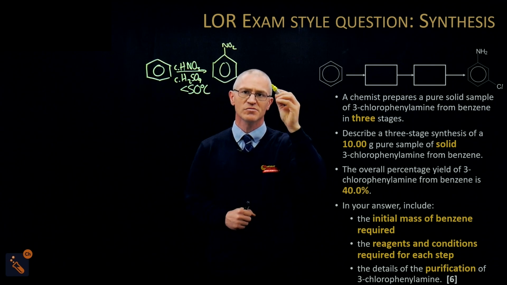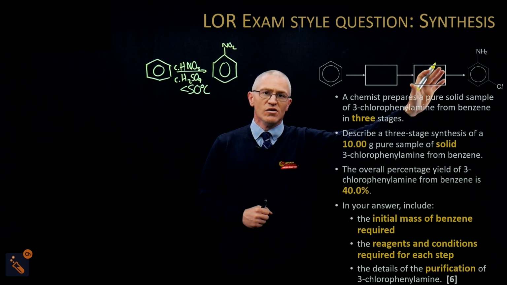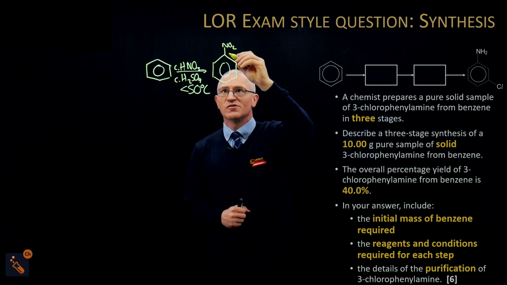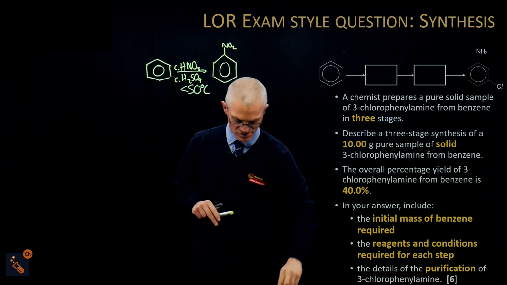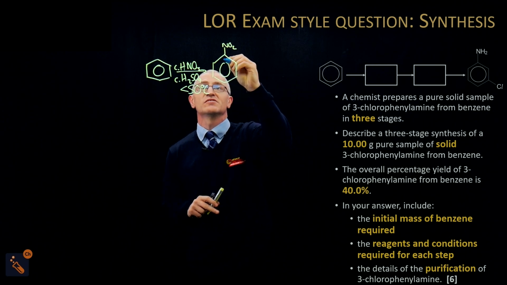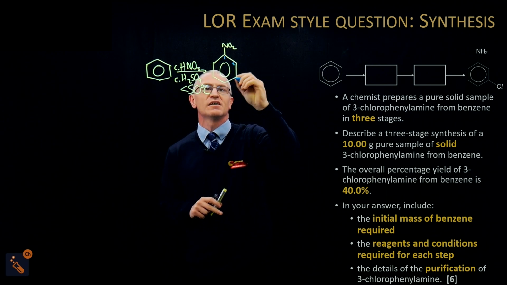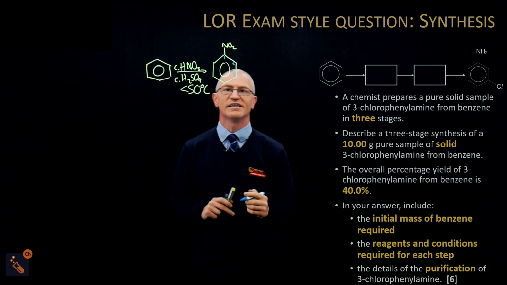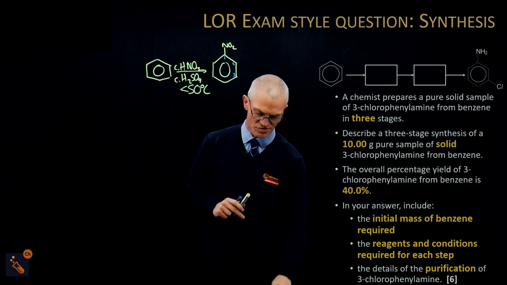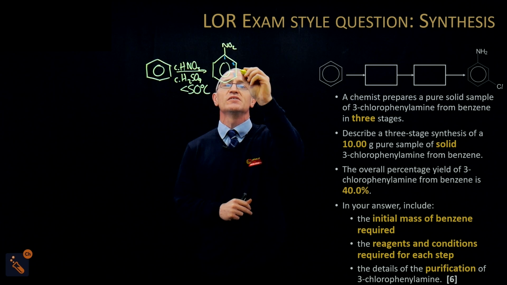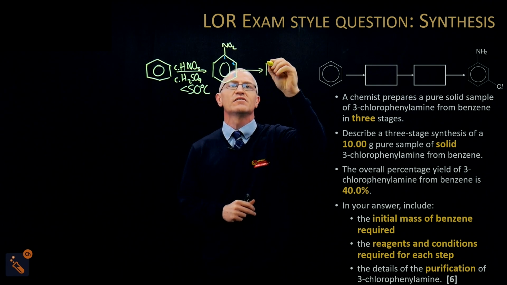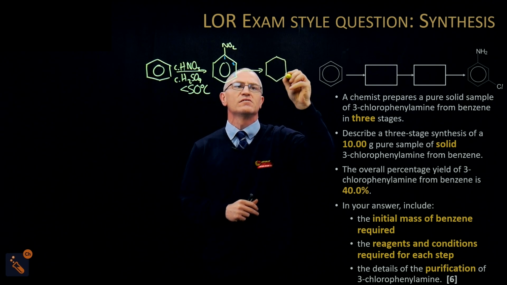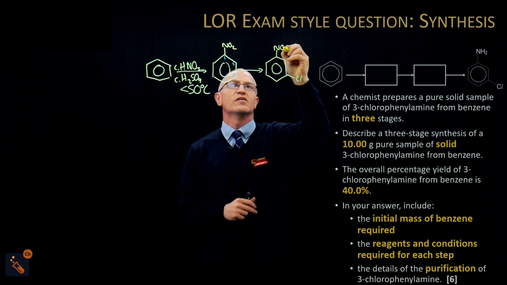Now from the nitro, we then put the chlorine on, because NO2 is an electron withdrawing group and it will direct to number 3. So that means we're going to go from there to here, put our chlorine on, and we've got our NO2 there.